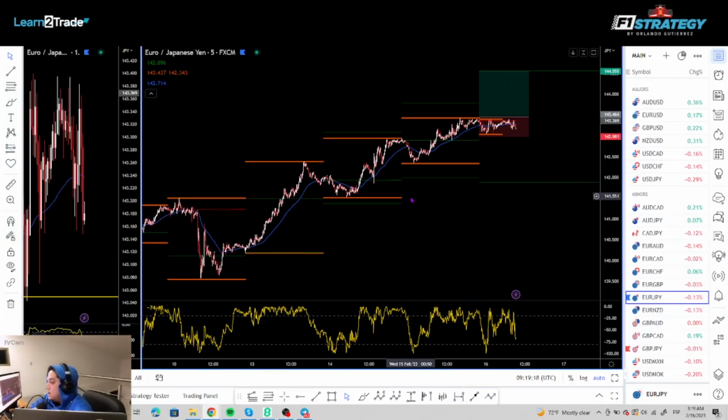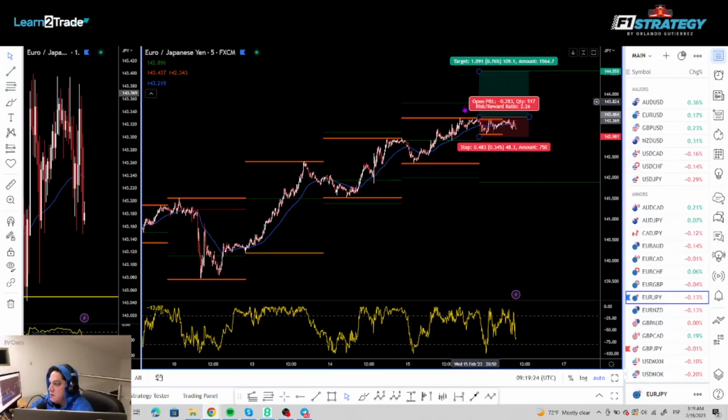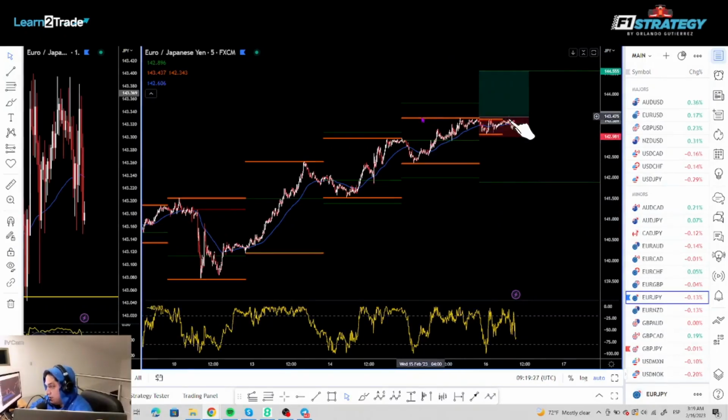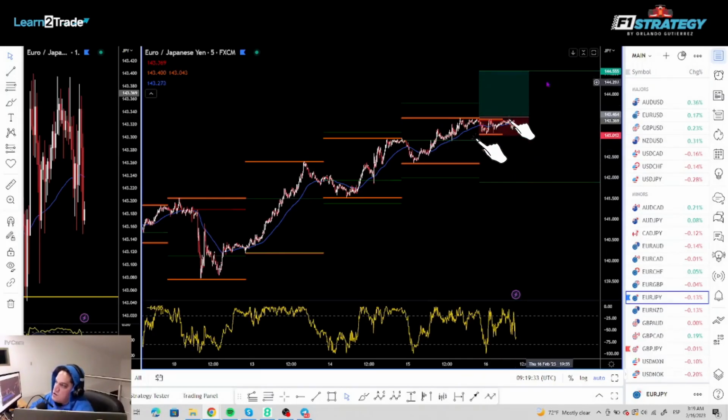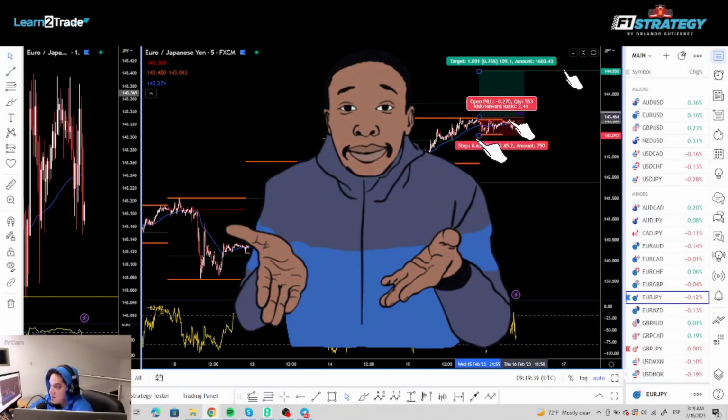So the first one is on the Euro Yen. The F1 strategy shows you your entry levels with the orange lines, your stop loss levels with the orange lines too, and your target with the green lines. It's that simple, guys.